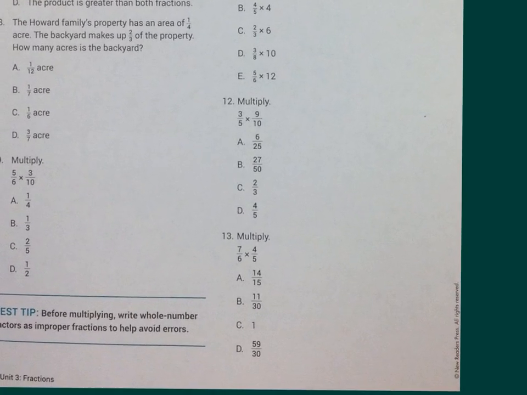Number 13, we're going to multiply that one out also. We have 7/6 times 4/5. So we can simply just multiply it out. So we know 7 times 4 is 28. And then 6 times 5 is 30.